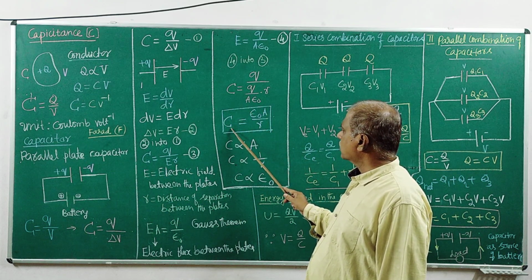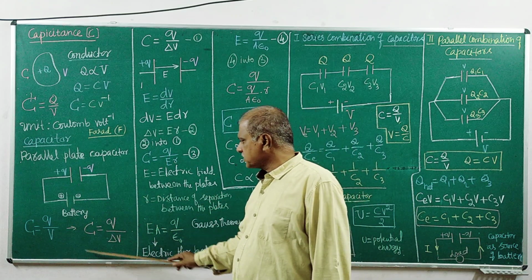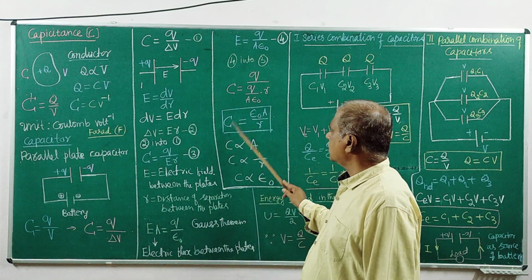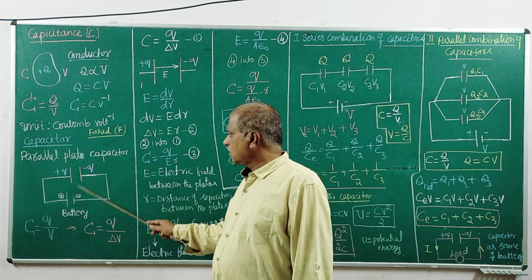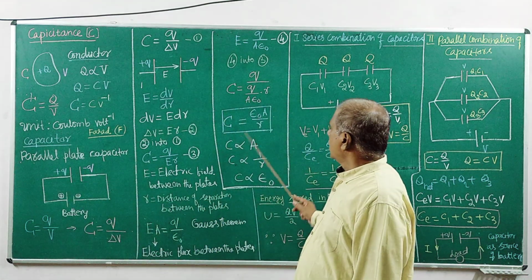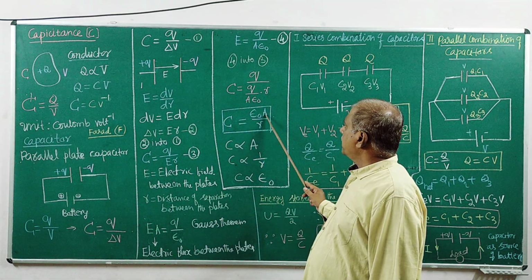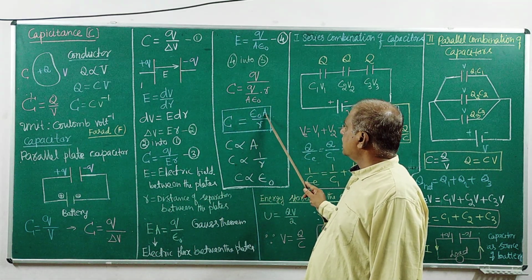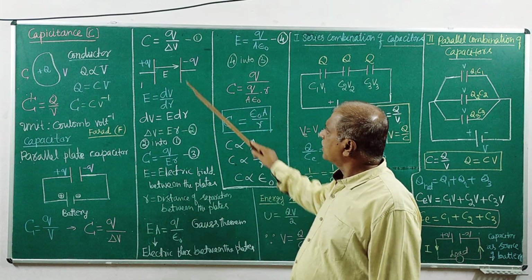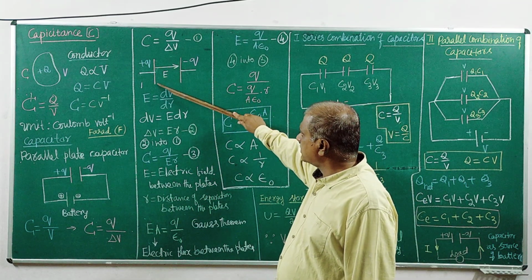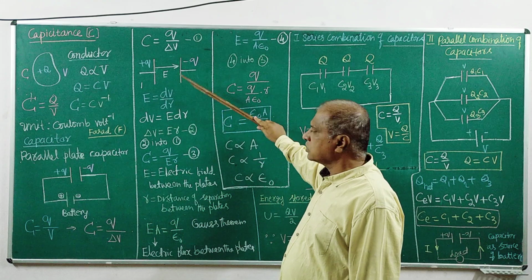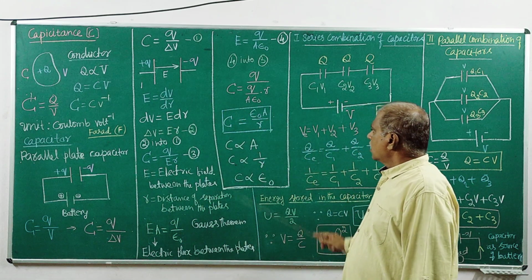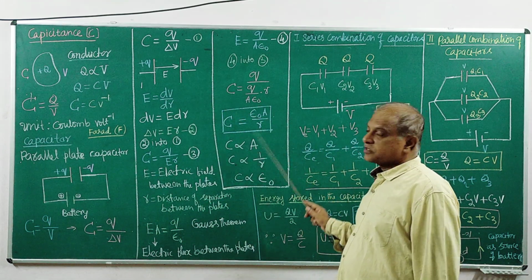So the capacitance, C, in terms of the dimensions of this parallel plate, is epsilon naught times area divided by r. What is A? The inner surface area of this plate or this plate, both are the same. And r is the distance of separation between the two.